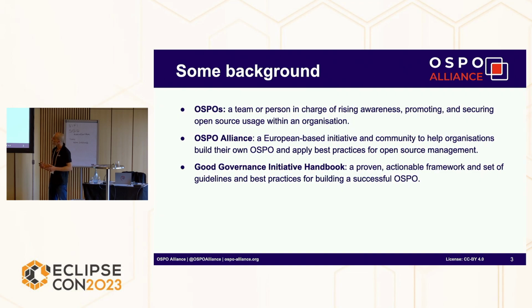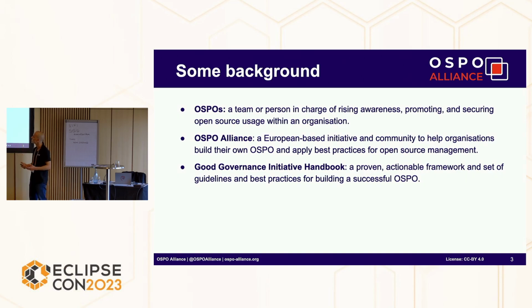And the point is, many of these people are not really used to open source, and they don't have a clue about how to start and how to build their roadmap and how to build their OSPO and make it a success. So that's why we created the OSPO Alliance.